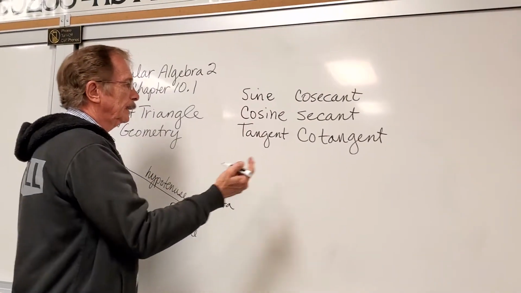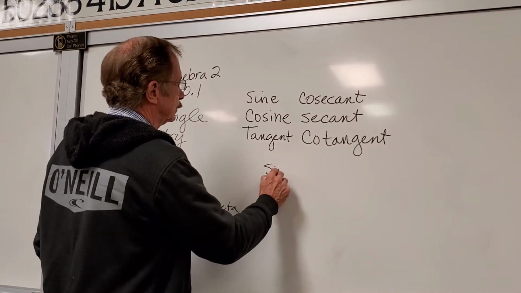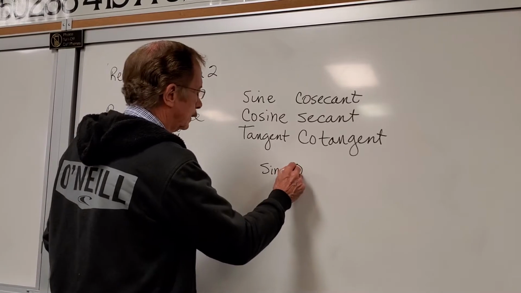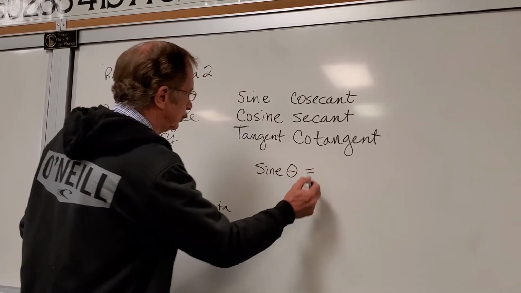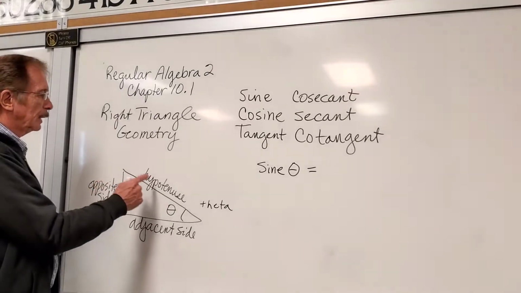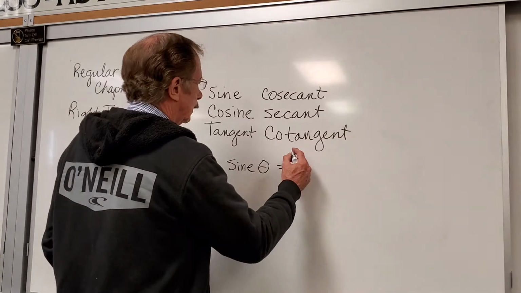The sine has its own definition, so I'm going to write that here. Sine of our angle theta is equal to the opposite side divided by the hypotenuse. It is a ratio, so we write it out like this.